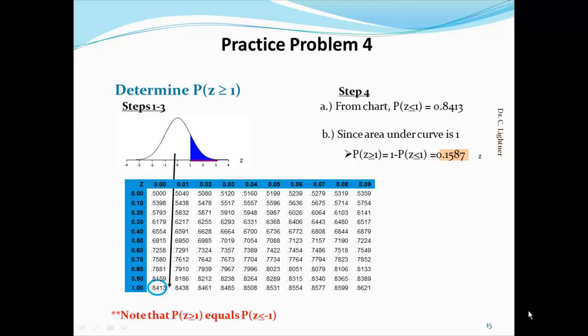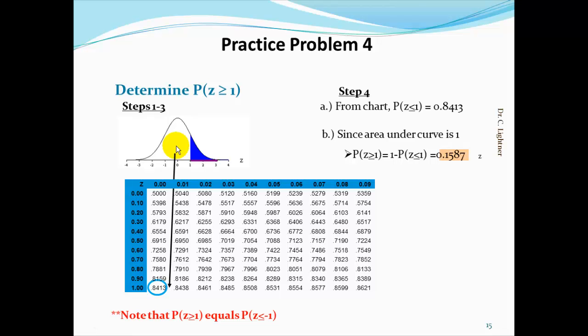For problem 4, let's determine the probability that z is greater than 1. In order to do this, we look up the z-score 1.00 on our cumulative chart, and we obtain the area 0.8413. Remember, this area is the probability that z is less than the value 1, which is this non-shaded area in our graph.